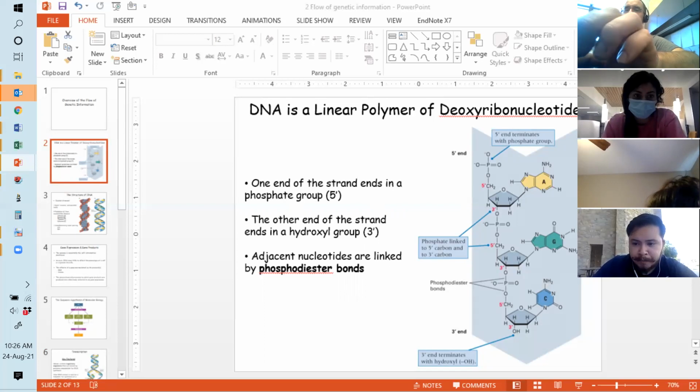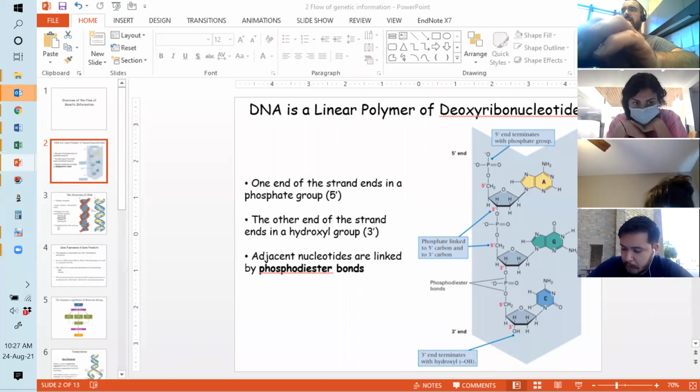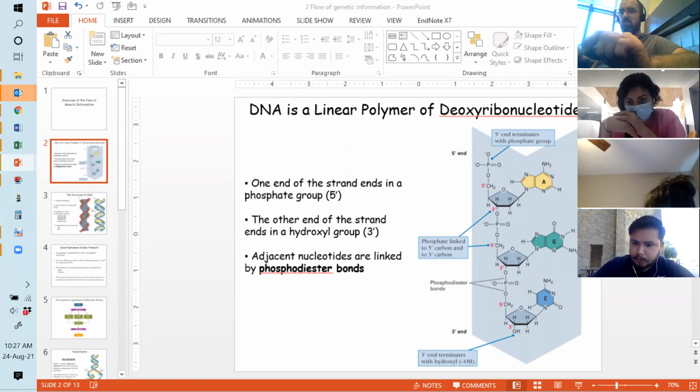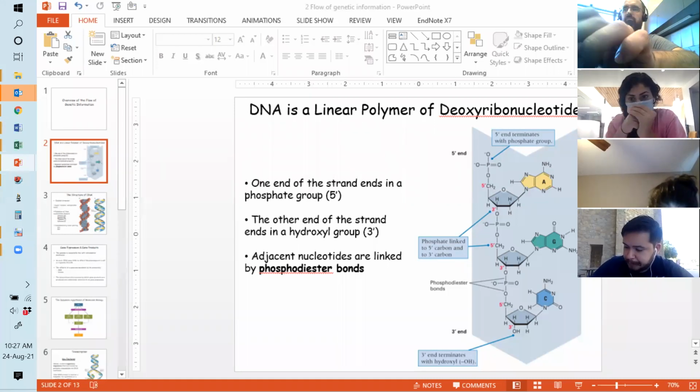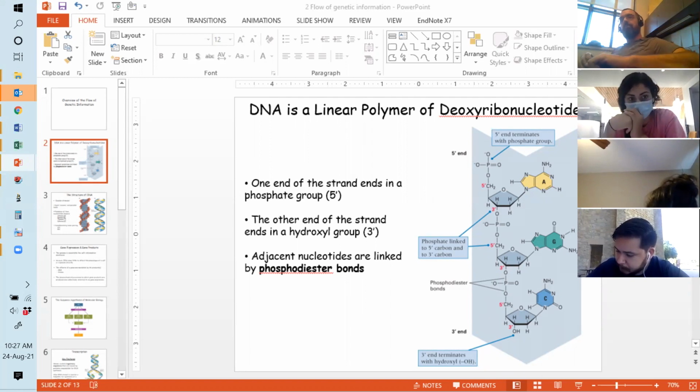So RNA nucleotides, that's why RNA is ribonucleic acid. DNA is deoxyribonucleic acid, because that extra OH has been removed. Hence deoxy. That's why it's DNA.